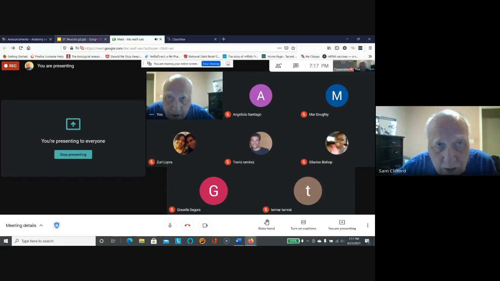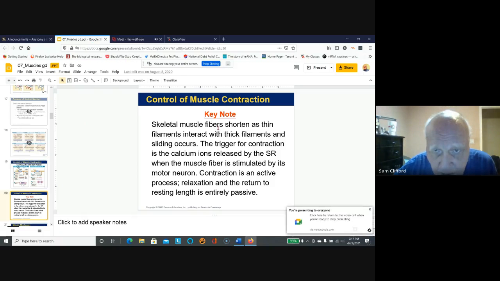Okay, so let's go ahead. Skeletal muscle fibers shorten as thin filaments slide and are pulled to the center of the sarcomere. The depolarization and entry of sodium causes calcium to be released by the sarcoplasmic reticulum.